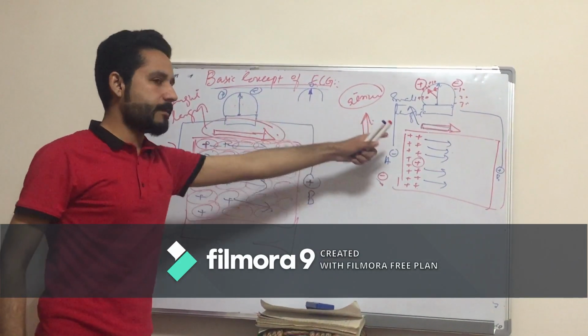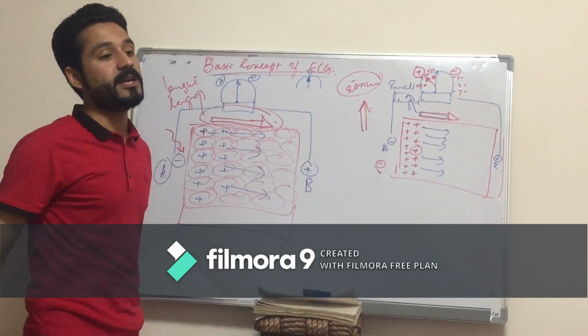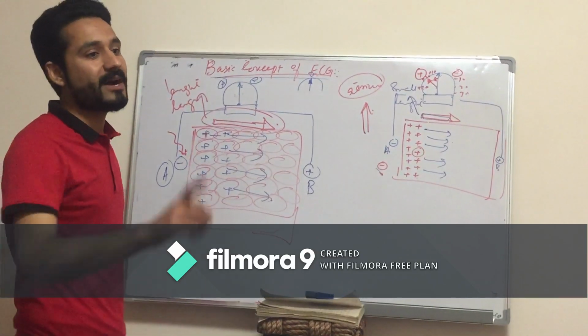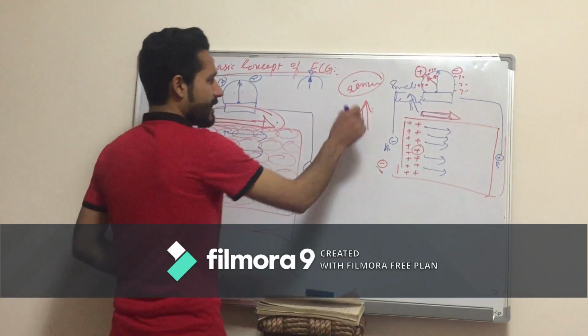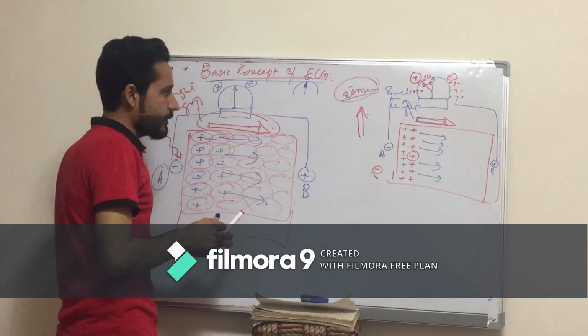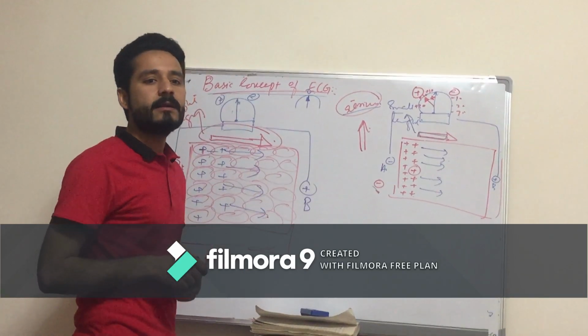Even the direction is the same in both cases, but the strength of the electromagnetic force is different because of the size of the myocardium. As we have already said, this thin myocardium is present in the atrium because the atrial walls are thinner.